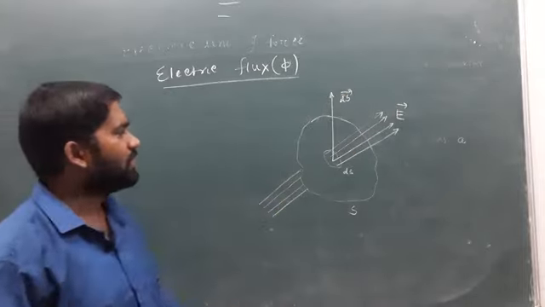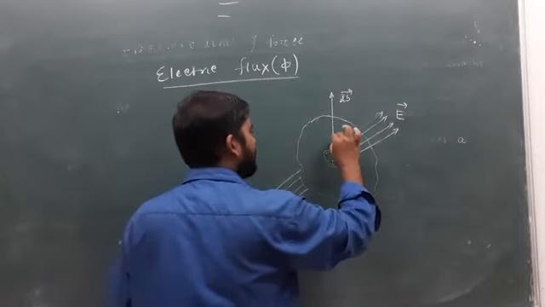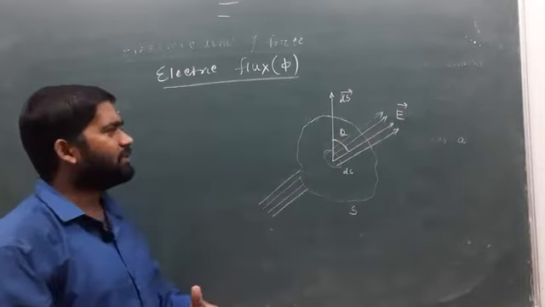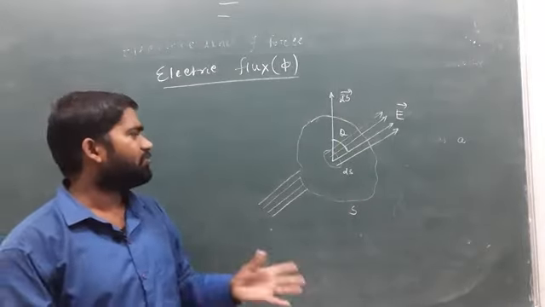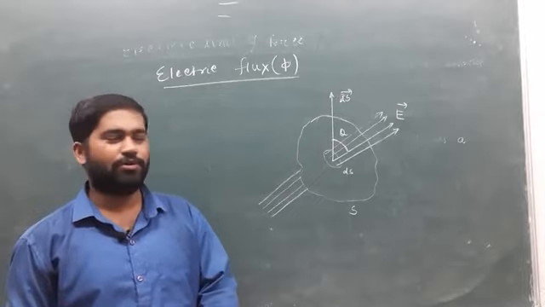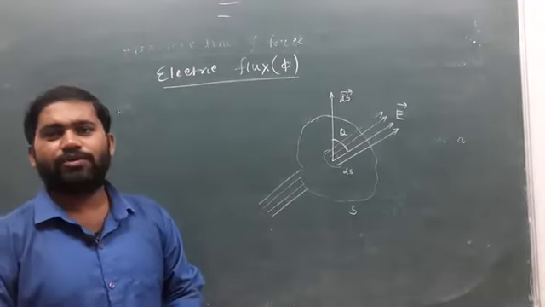If the electric field makes an angle theta between the E vector and the ds vector, in such a case we can also give a mathematical form to calculate the electric flux.